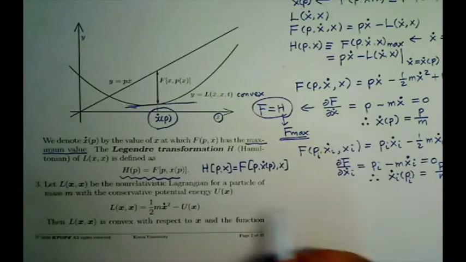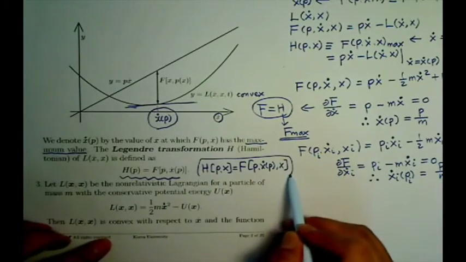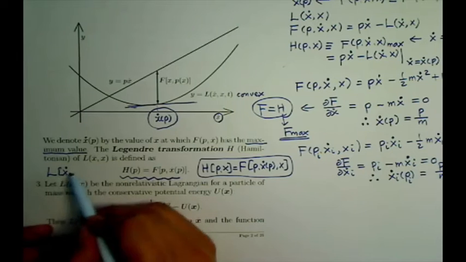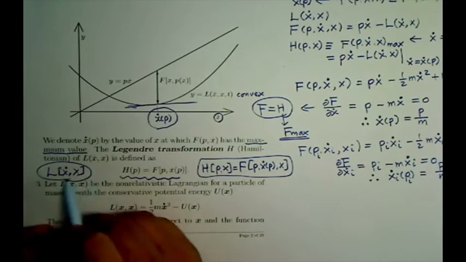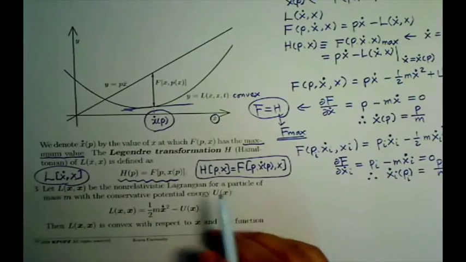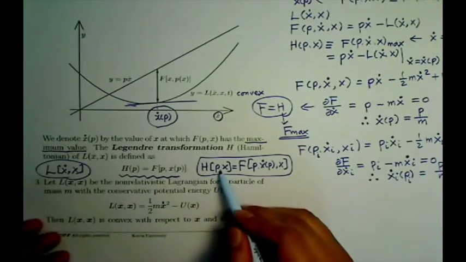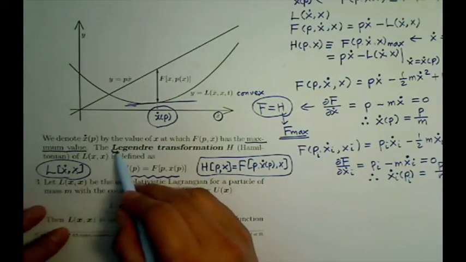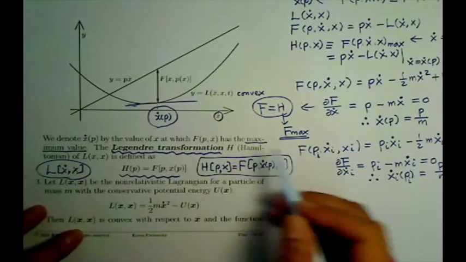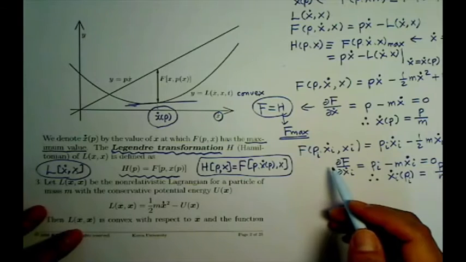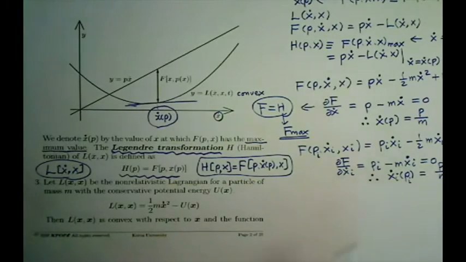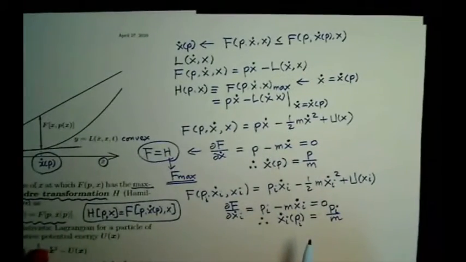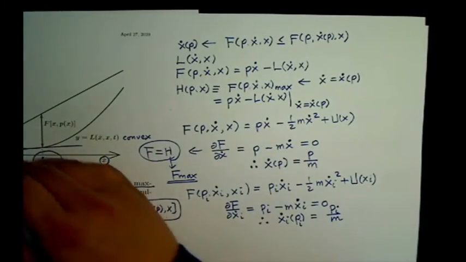Alright, this transformation from the Lagrangian of x dot, x into the Hamiltonian of p comma x is called the Legendre transformation. Okay. The summary is here. Lagrangian.